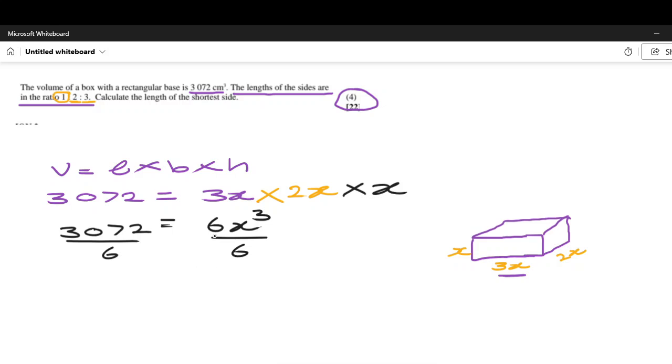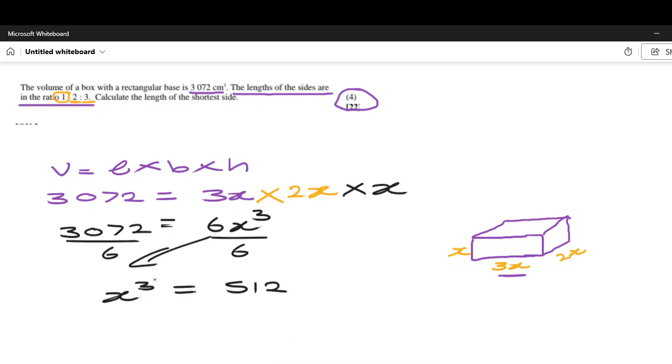So x cubed is equal to 3072 divided by 6, which is 512. Now you gotta cube root both sides.